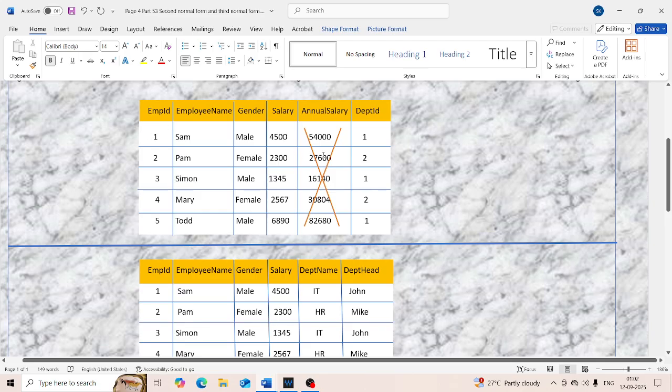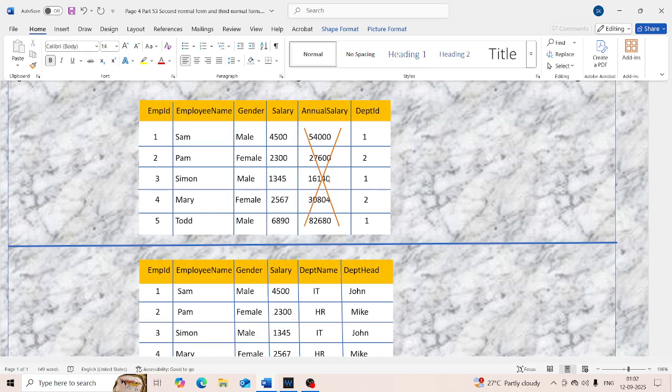This annual salary column is also dependent on the salary column of the person. For example, if my salary is 5,000 per month, my annual salary is 12 into 5,000 is 60,000.